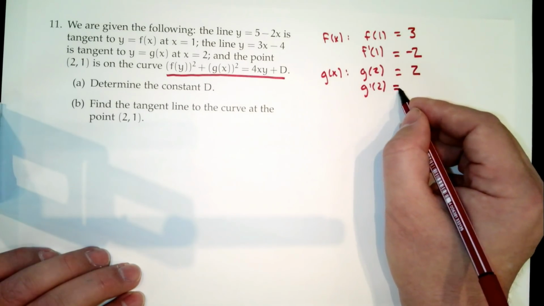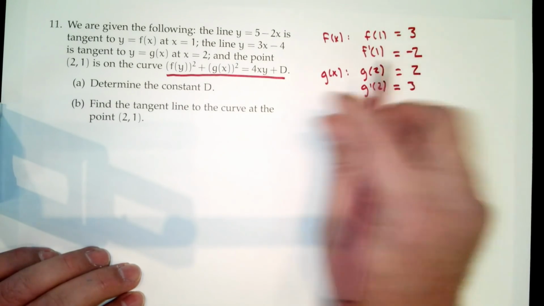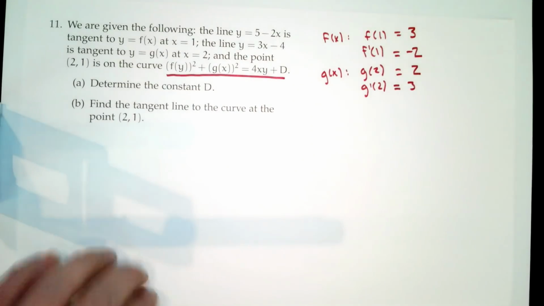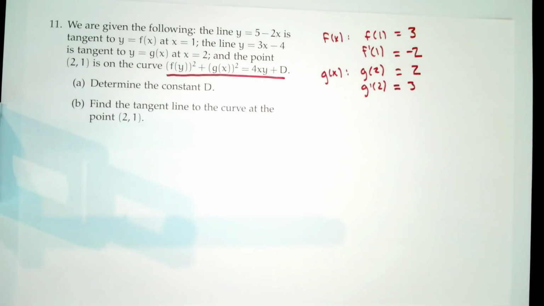G prime of 2? 3. Because we see it has slope 3. So what they did is they said, oh, we're going to obfuscate information about the function by putting it into the tangent line. But by this point in the semester, we're good. They can't over-obfuscate. We know their tools. We know their techniques. And we're not going to miss that.